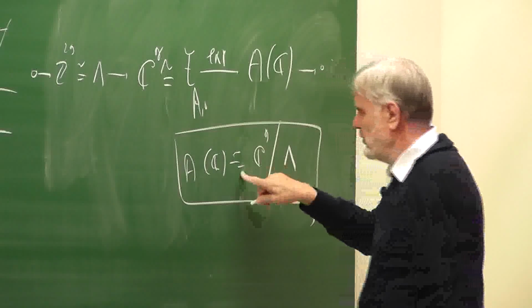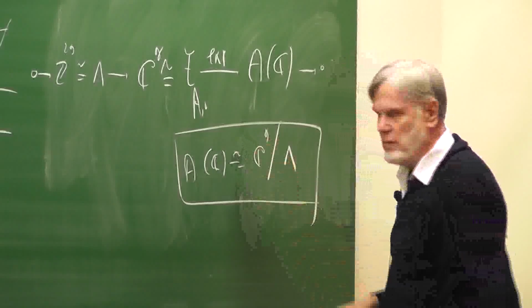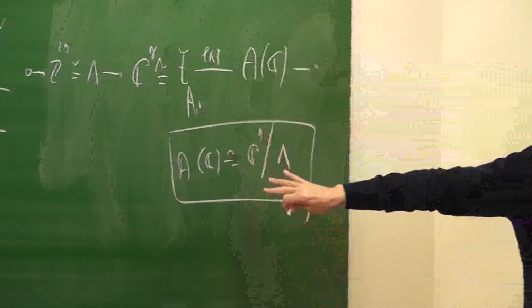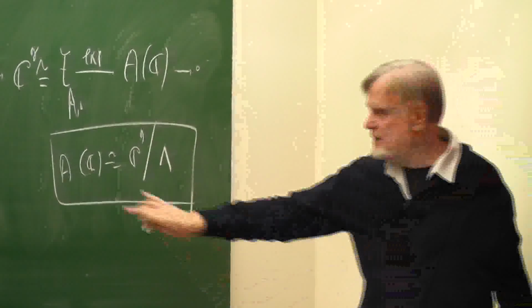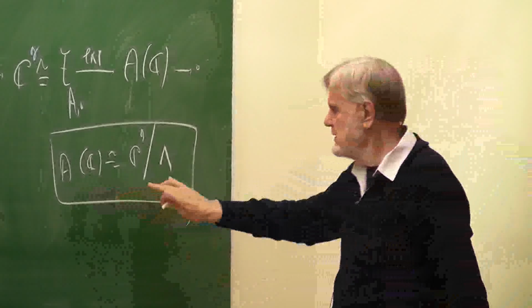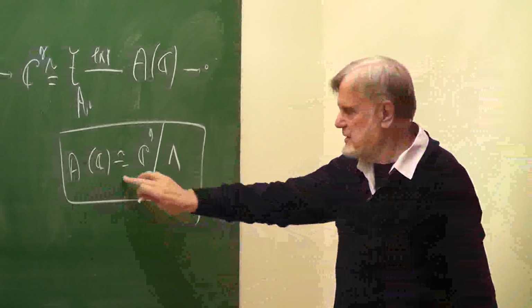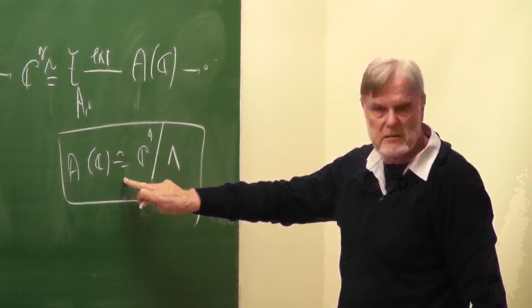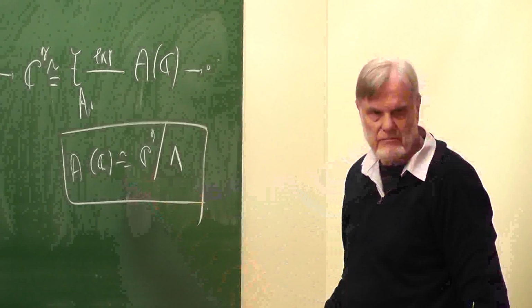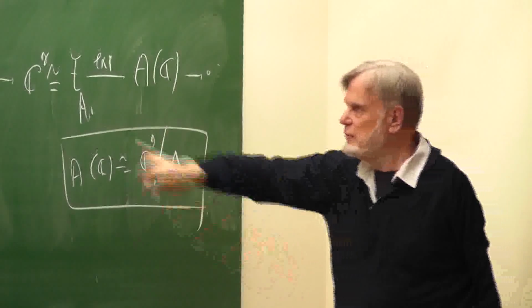What do I mean by isomorphic? Well, of course, I only mean this as a complex variety. I mean, the left-hand side is a complex variety, the right-hand side is a complex variety, and it's isomorphic as complex varieties. And this you know very well for g equal 1.